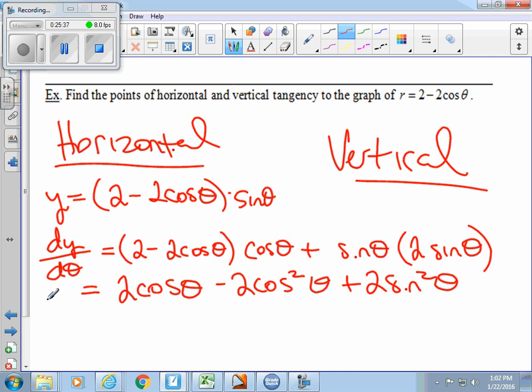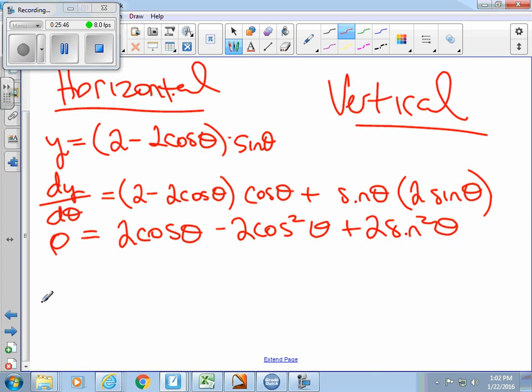You can take out a 2, but negative cosine squared plus sine squared is not 1, unfortunately. No, because then you'd have minus the other way. What I will need to do if I want to solve this by hand, which we're about to find out if we even can, I can't remember if this is one I can solve by hand.